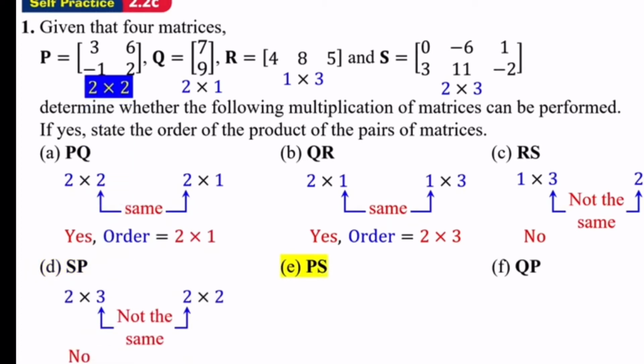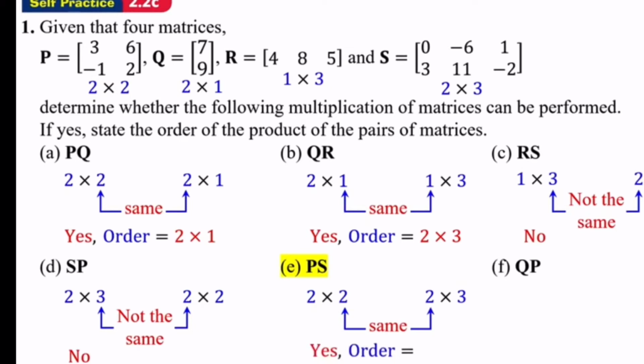And finally, P and S. Matrix P has 2 columns and matrix S has 2 rows, so they are the same. So the order of the matrix PS is 2 by 3. Right? So this is the order of the matrix.